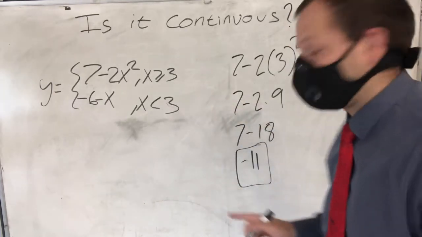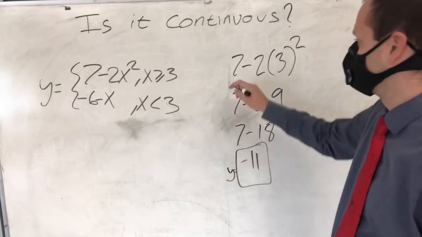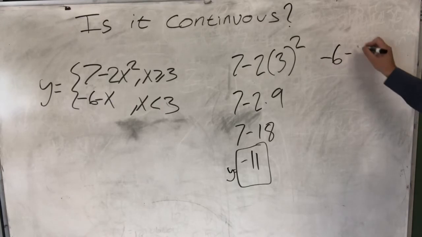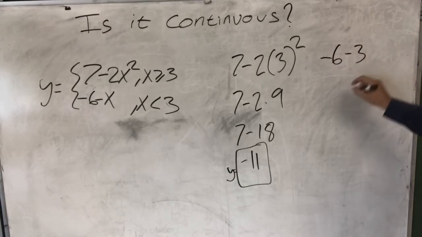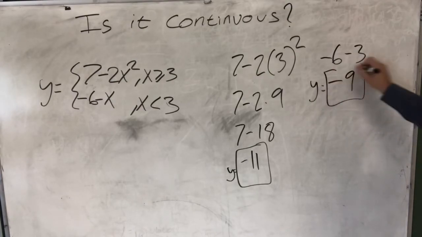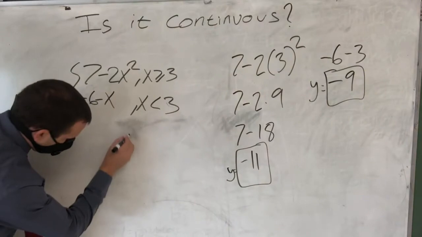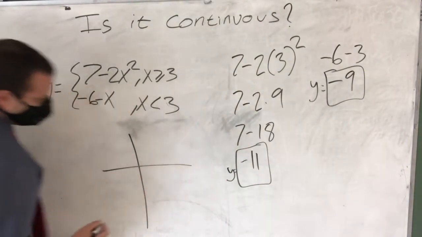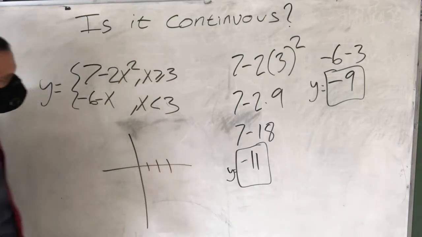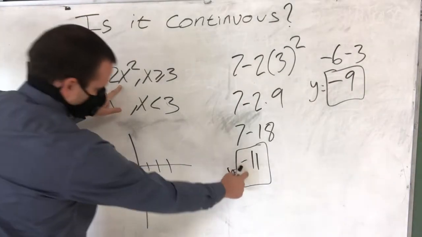Let's see if the second one has the same y value. Well, we've got negative 6 minus 3. What's negative 6 minus 3? It is negative 9. All right, so if we graph this to visualize what's happening, okay, we come over and at x equals 3, 1, 2, 3, we have our quadratic equation that is at negative 11.